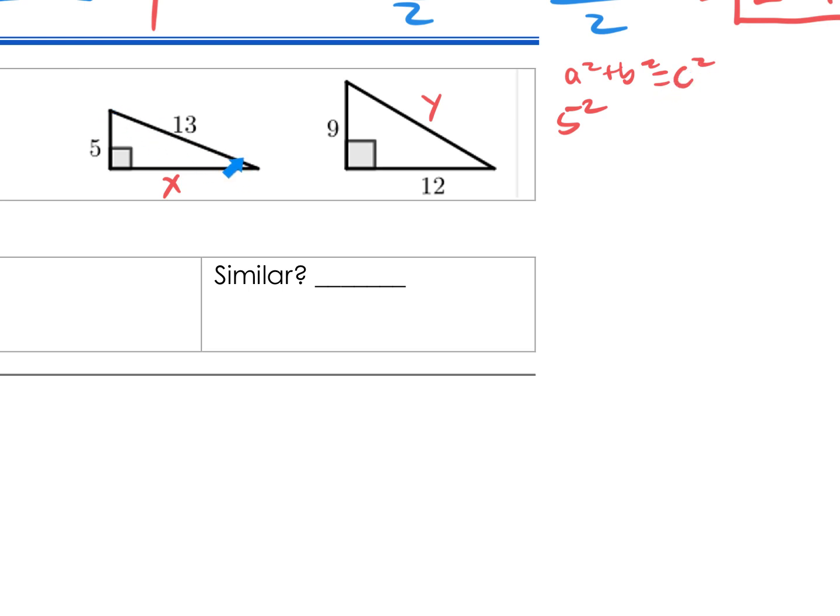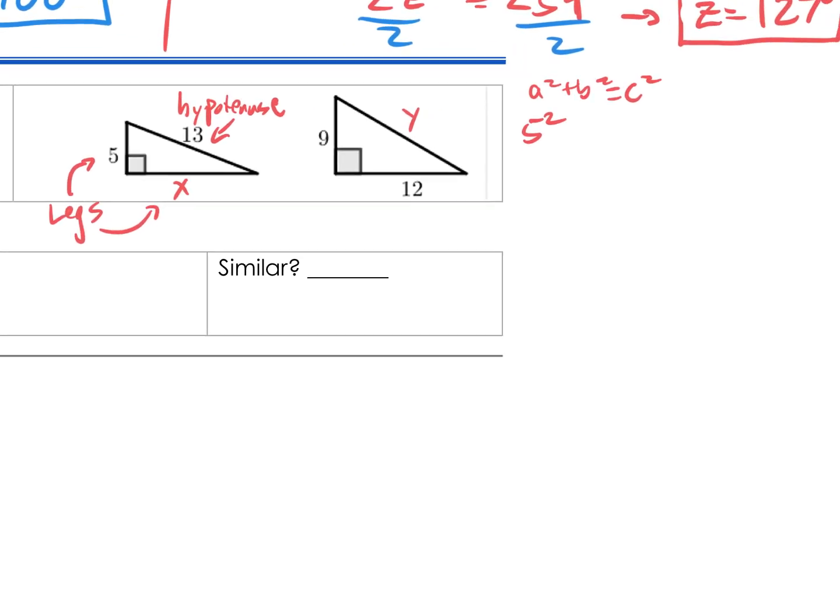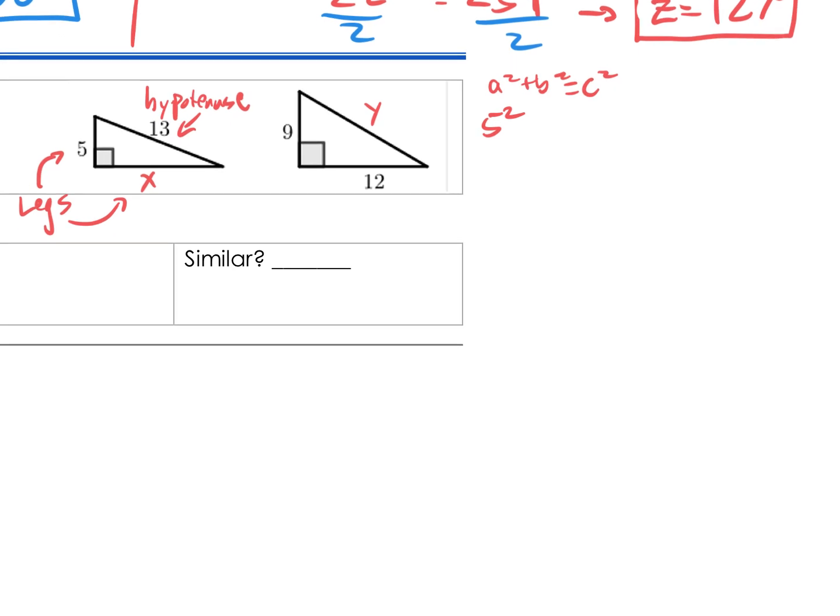The hypotenuse is the longest side. The hypotenuse does not make the right angle. That's this one here. And these other two sides are the legs. There's 2 legs, just like people have 2 legs. A right triangle has 2 legs. So the 2 legs are 5, and we might say x squared.